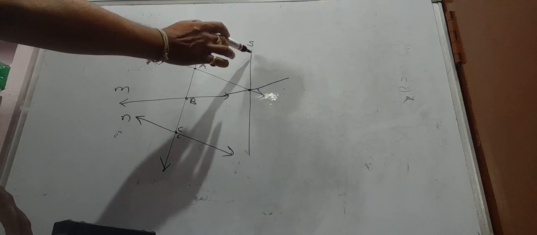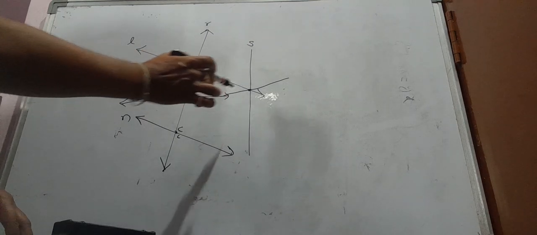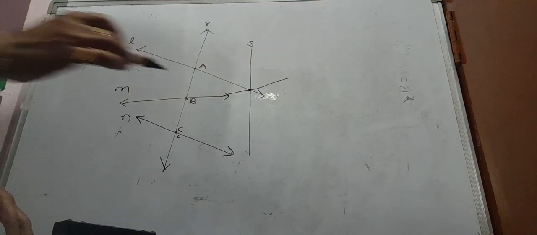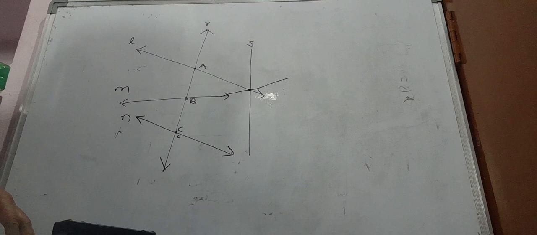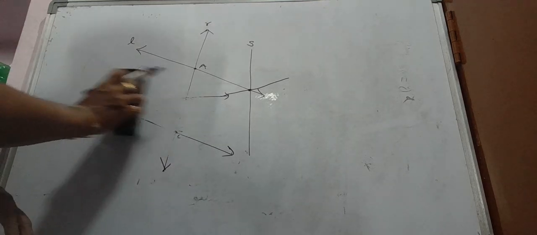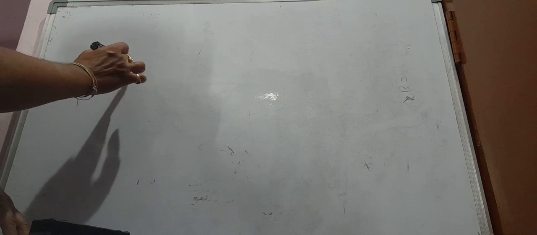R is a transversal but S is not a transversal, because S is passing through the intersection of lines. So we are discussing transversal: the line which intersects three or more lines is called a transversal.